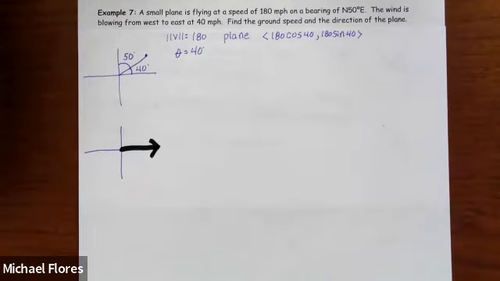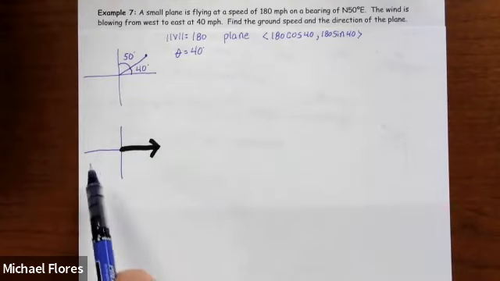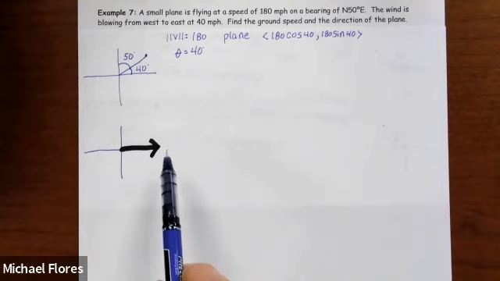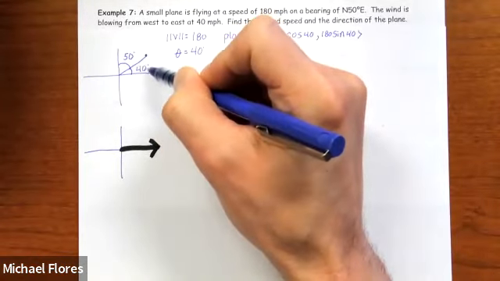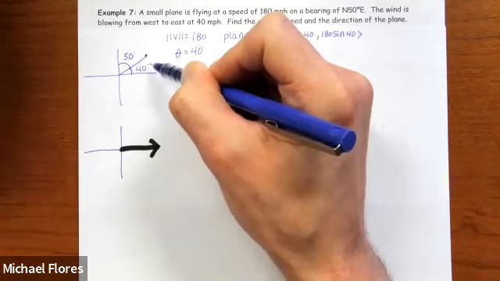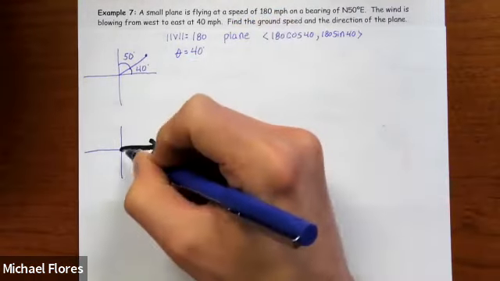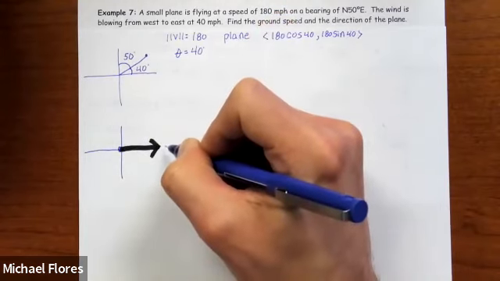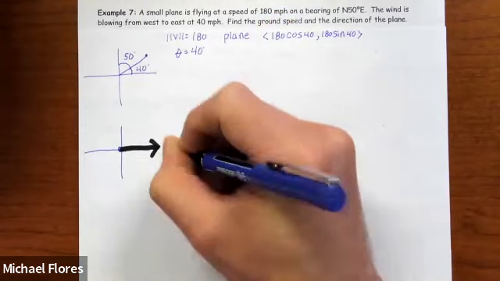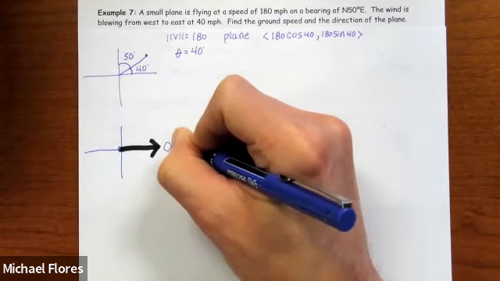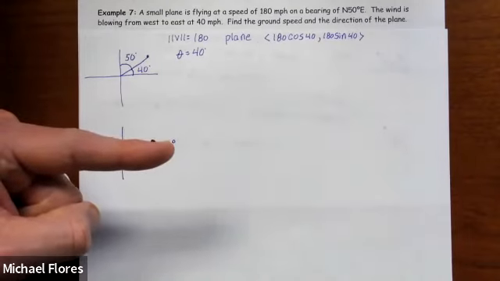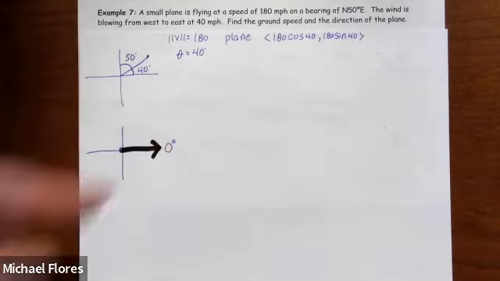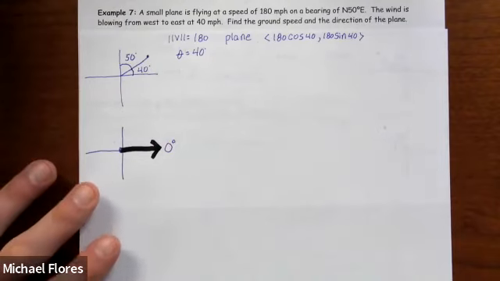That's the direction the wind is blowing, from west to east. Now, this terminal ray is not rotating at all, 0 rotation. So this has an angle theta of 0 degrees. If it's pointed directly to the east, that's 0 degrees of rotation.